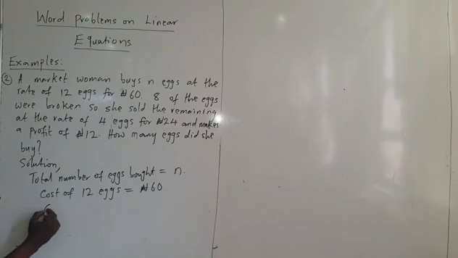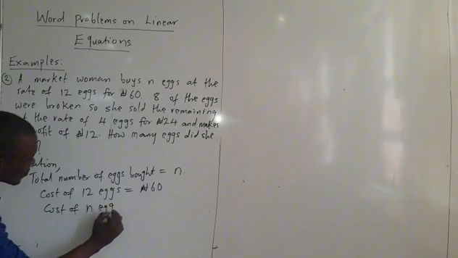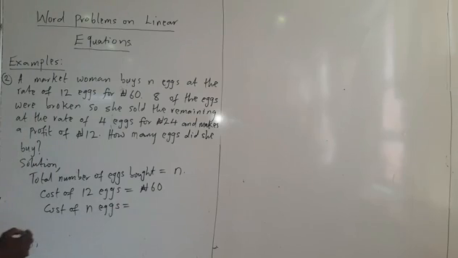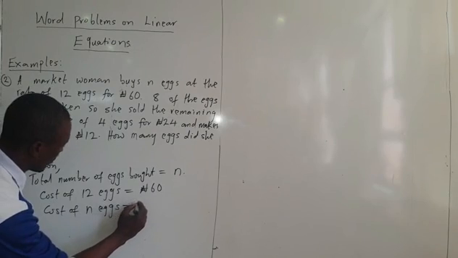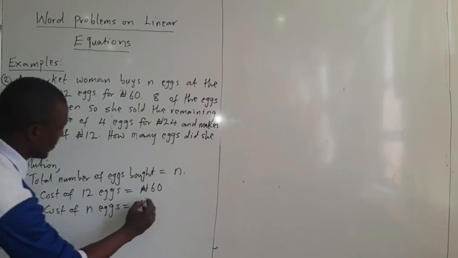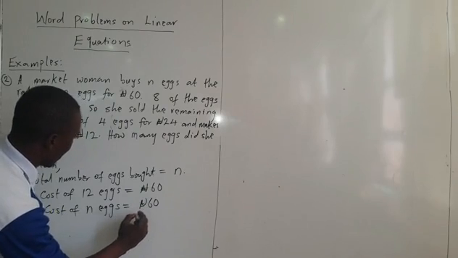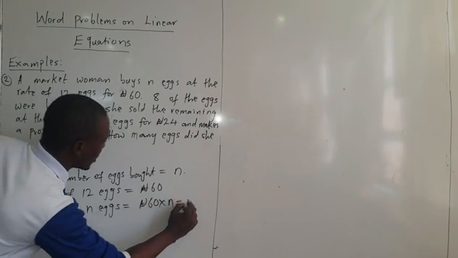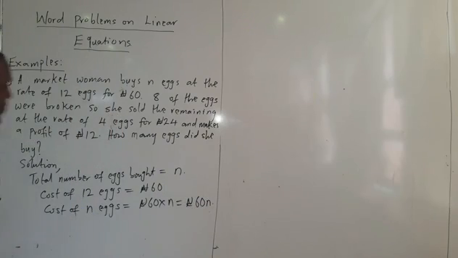Then the cost of n eggs will be 60 times n, which is 60n.